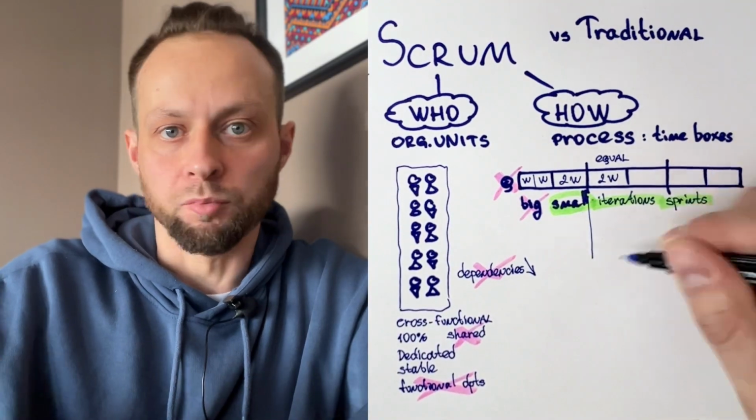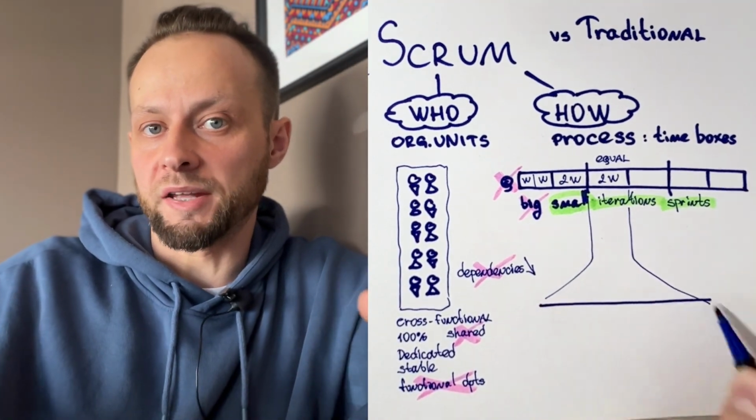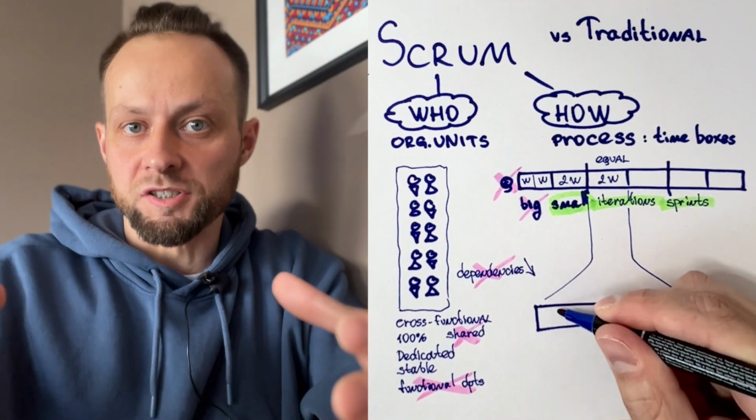Now let's get back to the previous question of how this cross-functional team will do this work. Basically, the process is pretty much the same as the traditional process, except that the time frame is short.